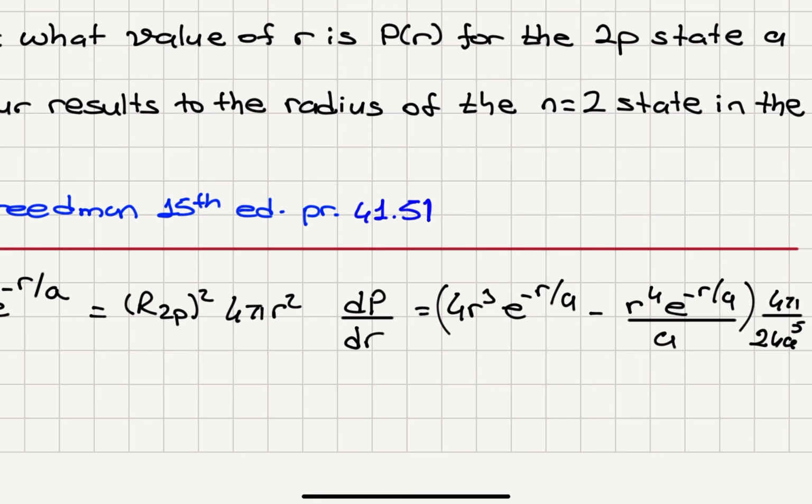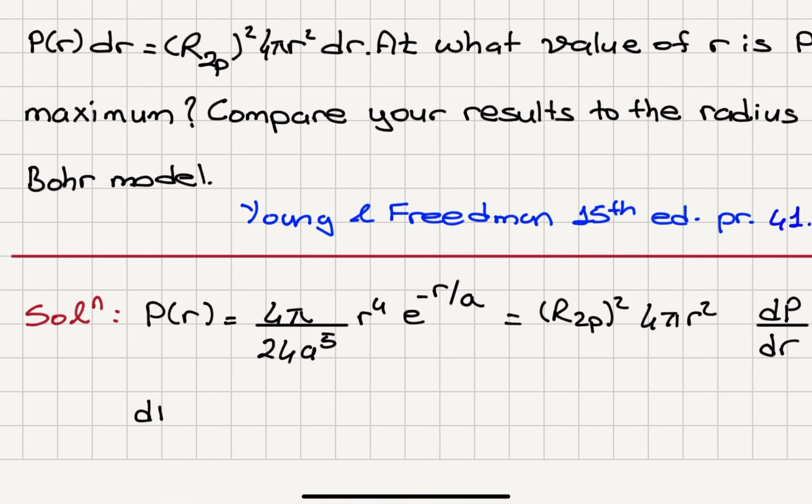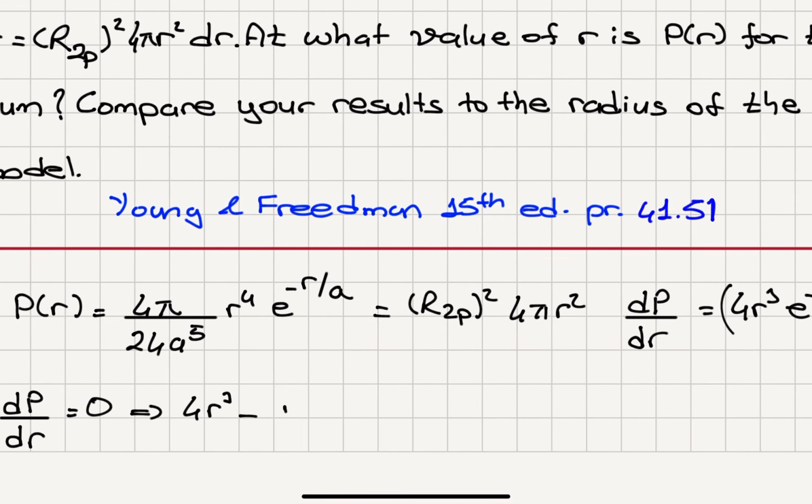Okay, so we have to set this equal to 0 to get the maximum probability. dP/dr equals 0 gives me 4r cubed minus r to the fourth power e to the minus r over a divided by a equals 0.